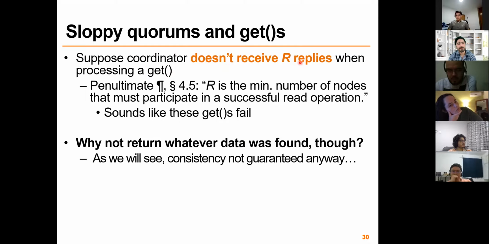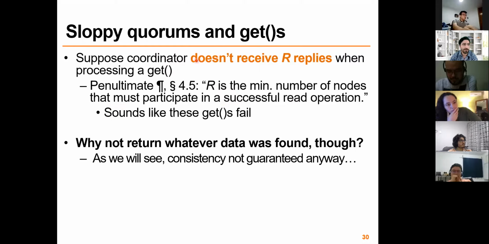Again, the same thing for the read operations, the get operations. Suppose the coordinator doesn't receive R replies when processing a get. In that example, with R=2, you want to get replies from 2 replicas in order to consider that operation a success. So R is the minimum number of nodes, like 2 in this example, that must participate in successful read operations.